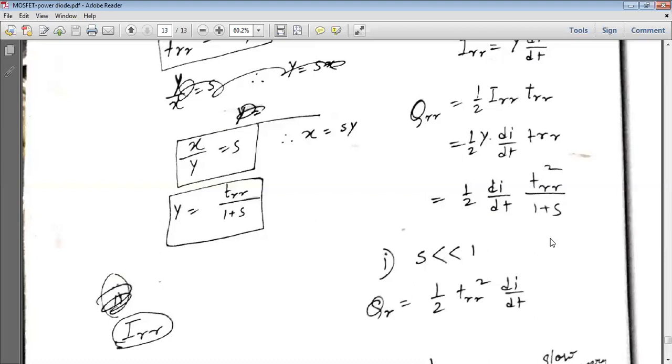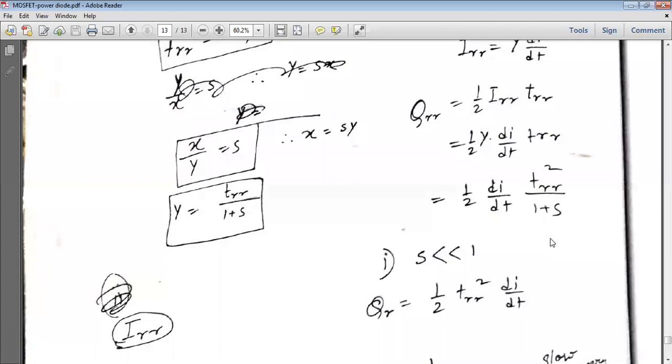According to this reverse recovery charge, whether the device is slower or faster can be determined. Suppose the softness factor is more.